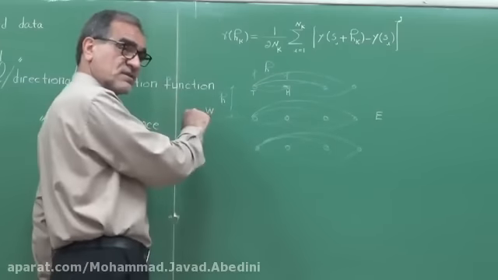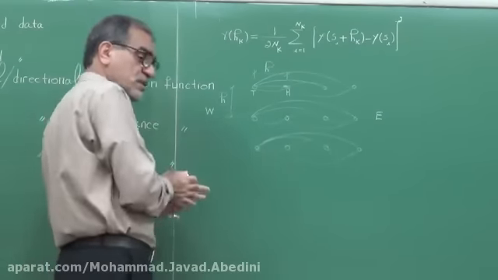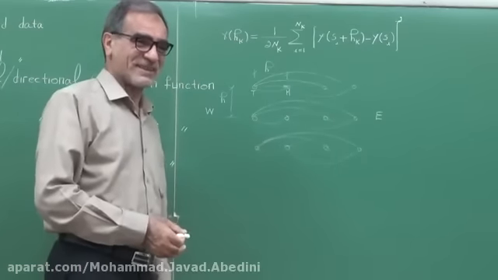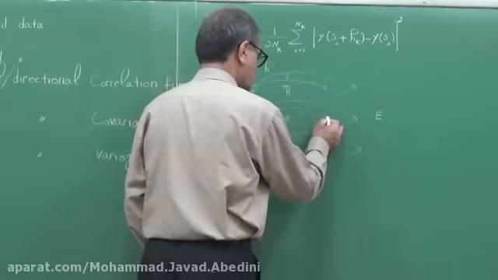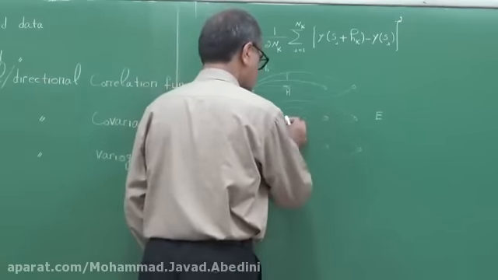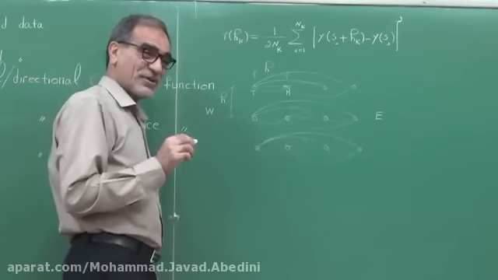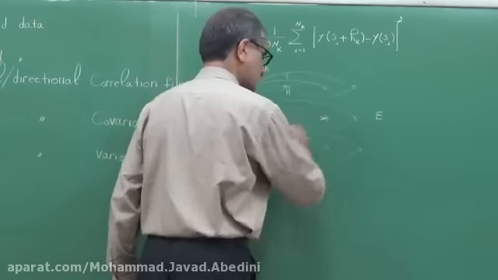By putting this W here and E here, your vector should be directed from west to east, not from east to west. See? It's not possible to write or draw your vector in this way. This is east to west. You have to draw your vector from west to east.